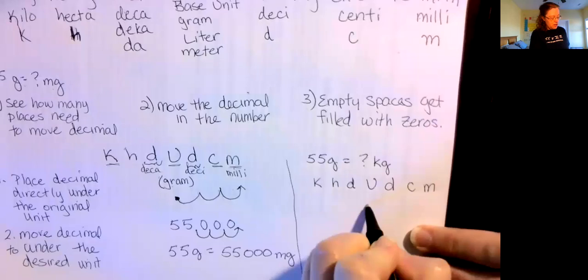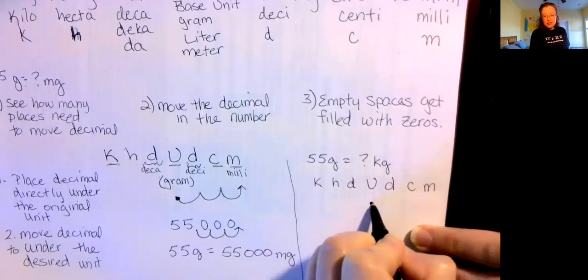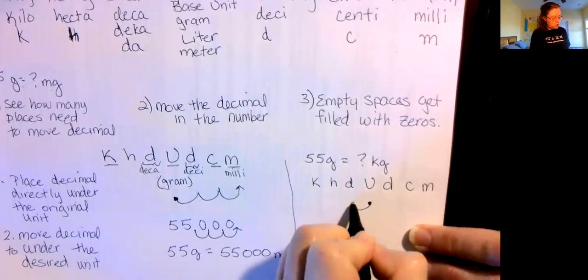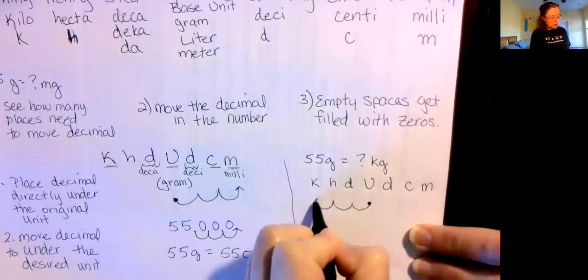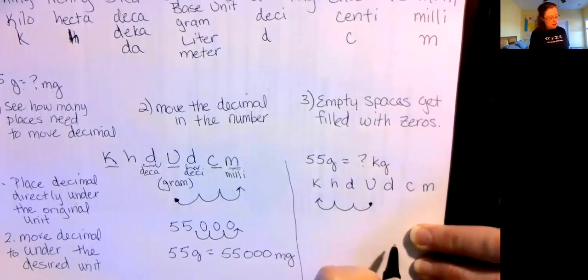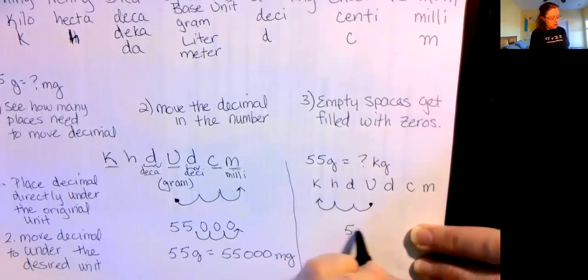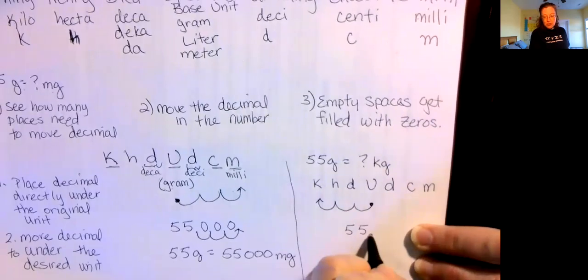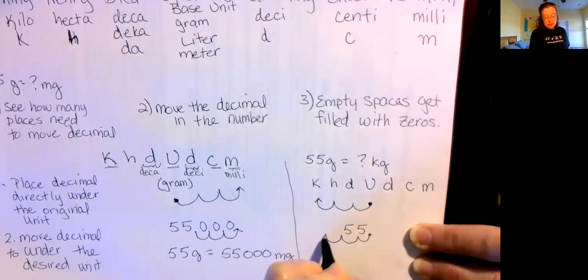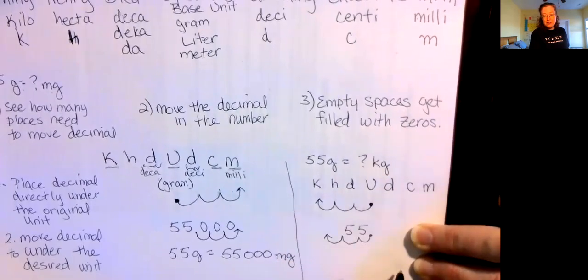I'll start under the base unit again because I'm still with grams, but this time I'm going to go swoop, swoop, swoop 3 places to the left. Let's do the same thing with our number. The invisible decimal goes 1, 2, 3 places to the left.